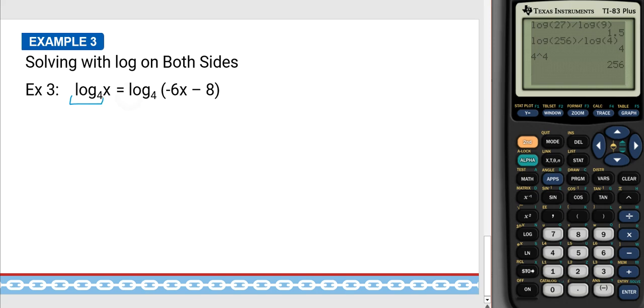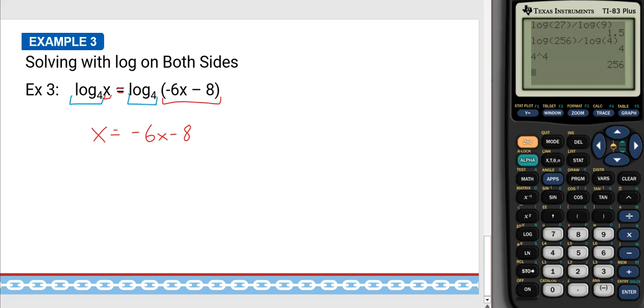However, right, both sides contain log base 4 of something. And on the left side, it's this x, right here. And on the right side, it's this quantity, negative 6x minus 8. Because they're equal and they're both log base 4, I know that the x has to be equal to the negative 6x minus 8, right, for this whole thing to be a true equation.